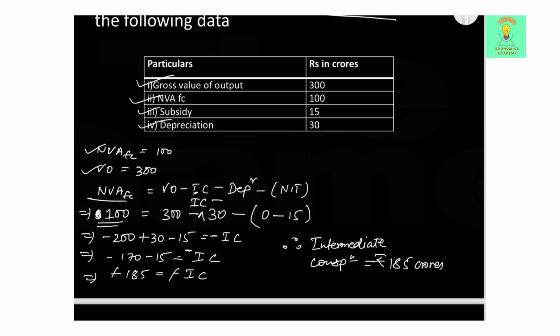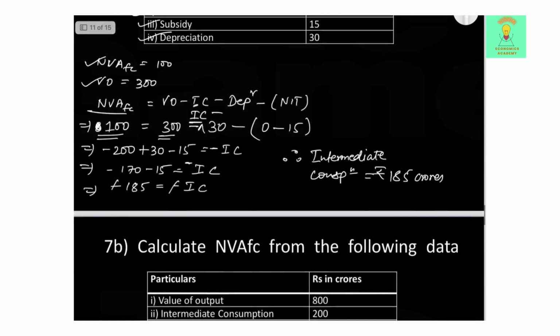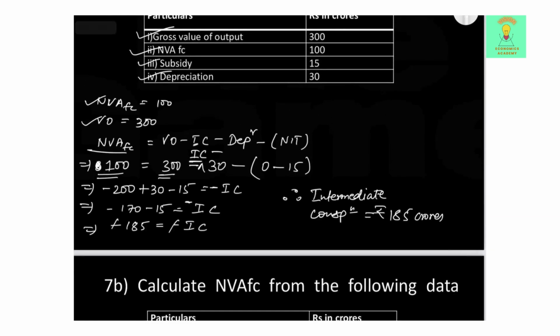So the value is already given, so we have put in the value, minus intermediate consumption, which is what we have to find, minus 30, that is depreciation, minus indirect tax, minus subsidy. Now calculating the simple arithmetic will give us the value of intermediate consumption as rupees 185 crores. Now please take the screenshot of it and we'll quickly proceed to 7B. That will be the last problem for this episode, and we'll continue in the next episode.